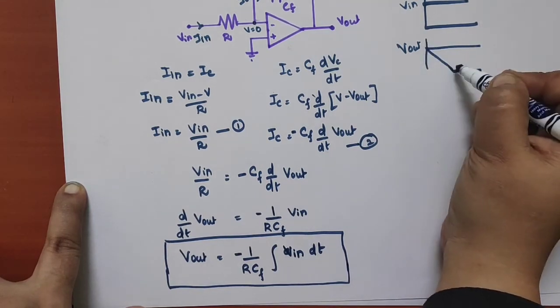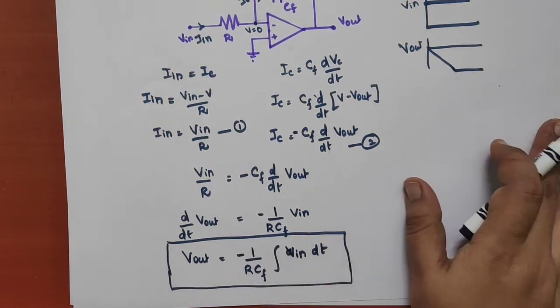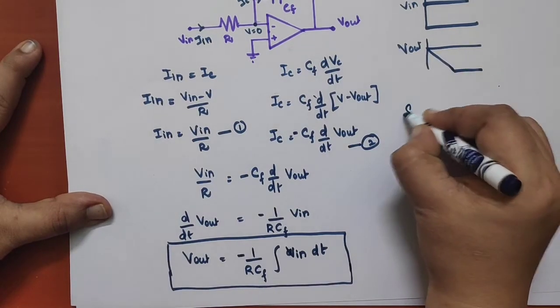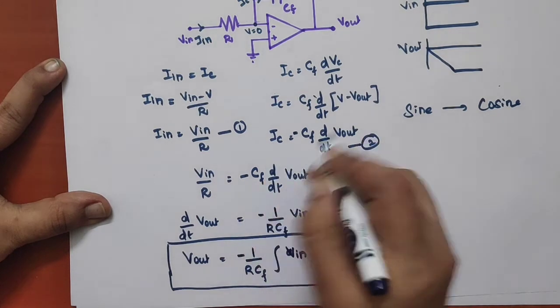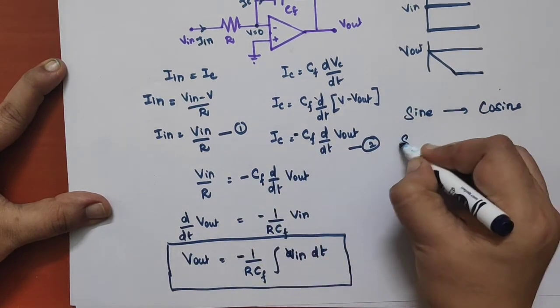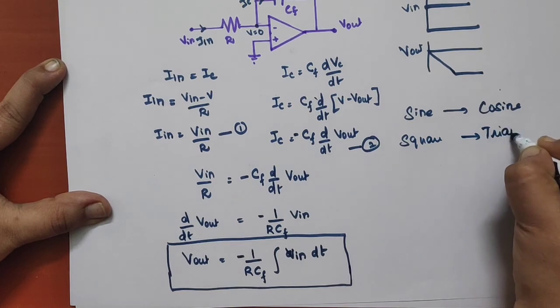The rate depends on the time constant of the integrator. If you apply a sine wave to the integrator, you will get a cosine wave, and if you apply a square wave to the integrator, you will get a triangular wave.